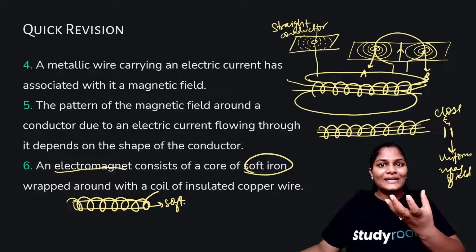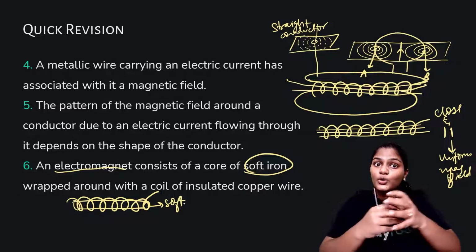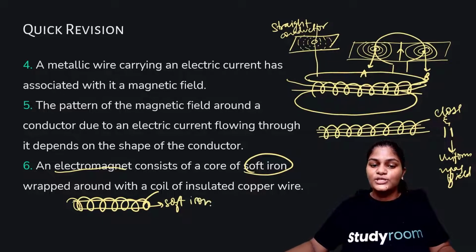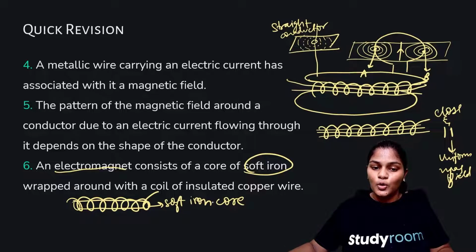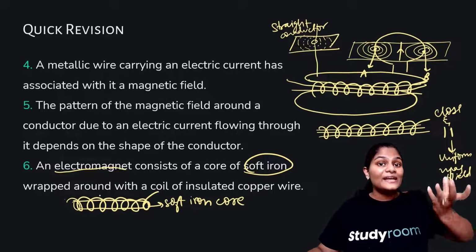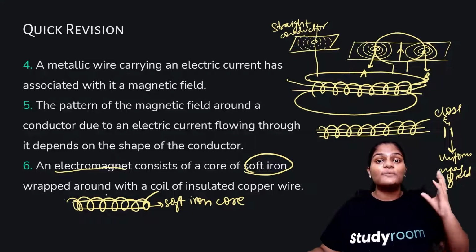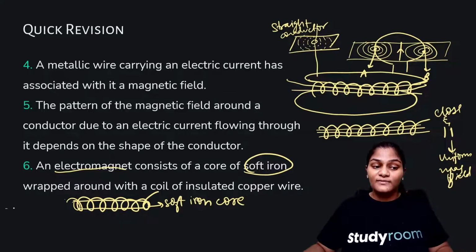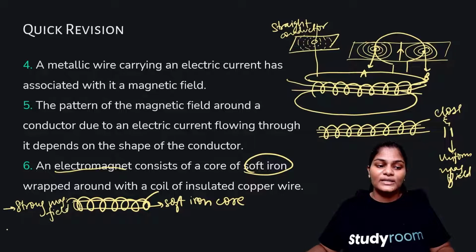Core is anything that is in the middle, right? We know the earth's core is right in the middle of the earth. So soft iron core, because this soft iron is put into the middle of the solenoid. So this soft iron core with this solenoid is the setup for an electromagnet, and it actually produces a very strong magnetic field. The advantage is a strong magnetic field, along with what?